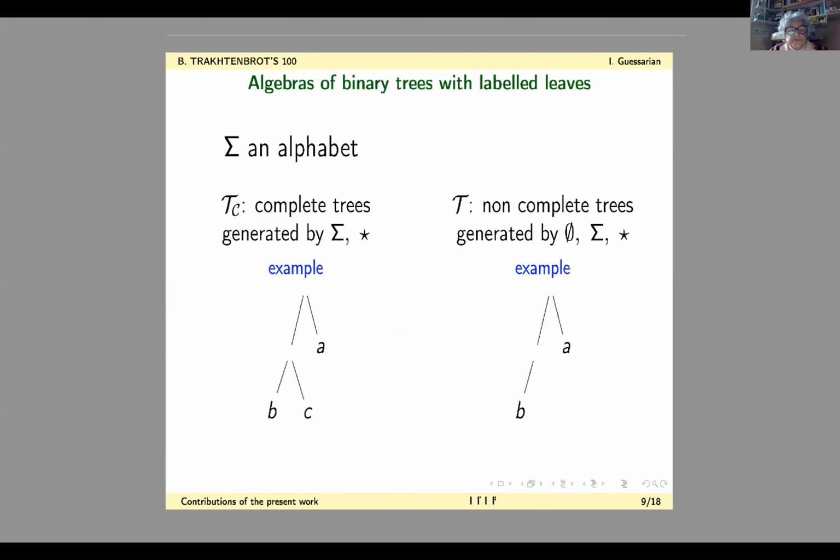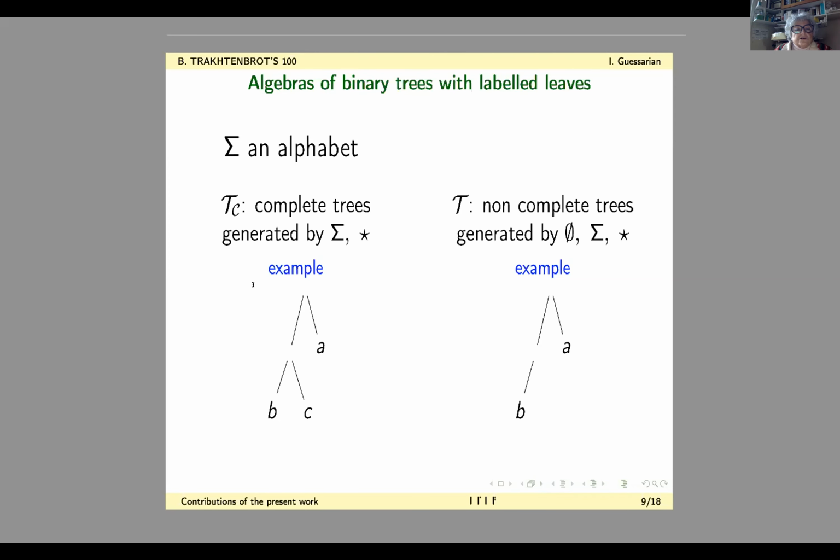Let me, before speaking of the free monoids, talk about another monoid, which is also free, the algebra of binary trees with labeled leaves. So I must say that these are not exactly the trees which were considered by Bruno Courcelle.